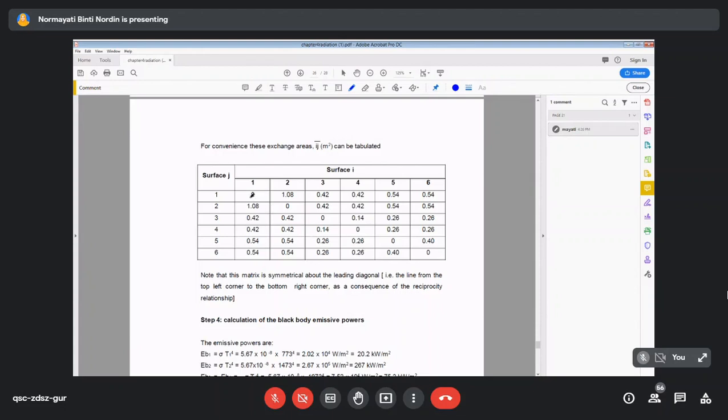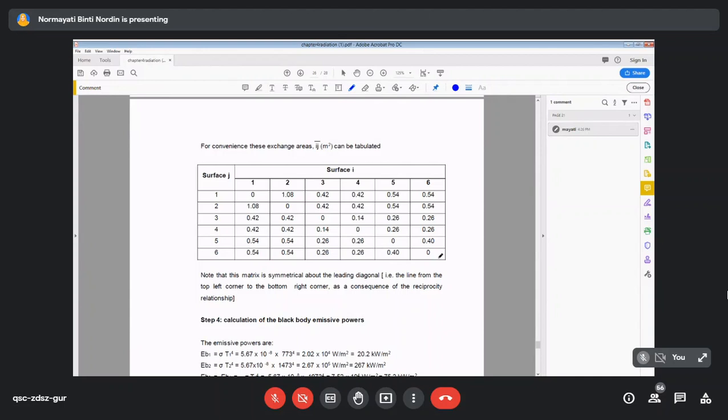So kalau you check, bila you dah settle calculate, this is how you double check the view factors yang you. Kalau you tengok you punya matrix tu tak diagonal, it is not symmetry, then you need to revisit balik lah you punya calculation exchange area dengan view factor.